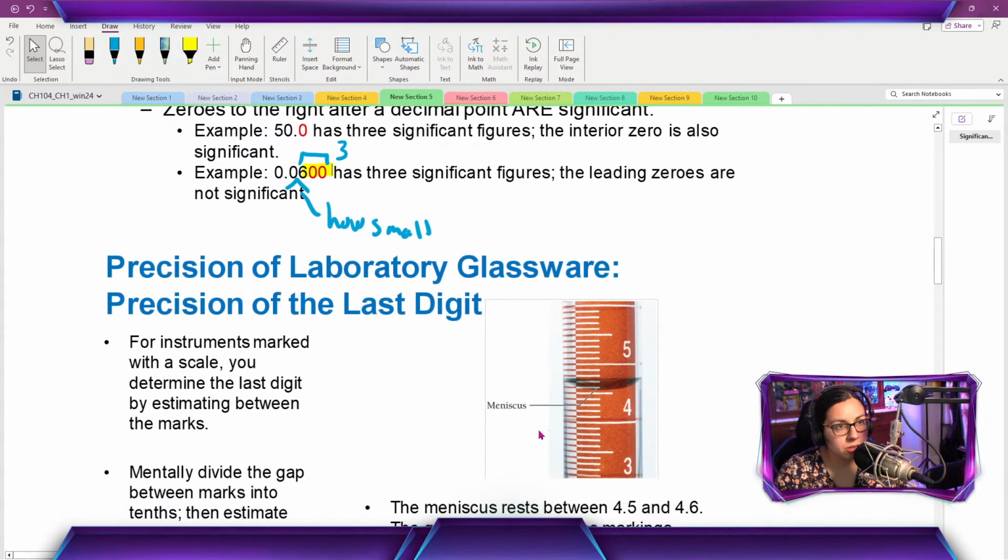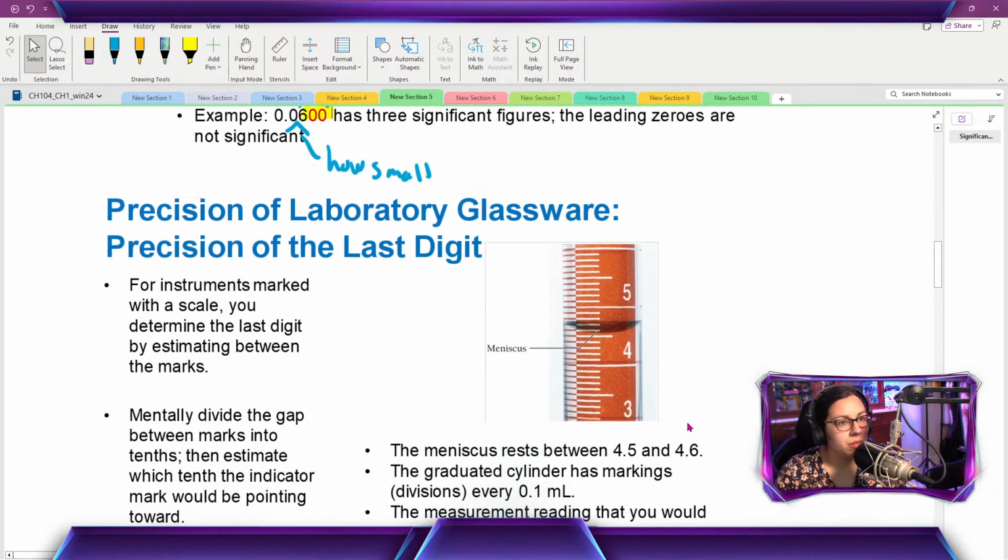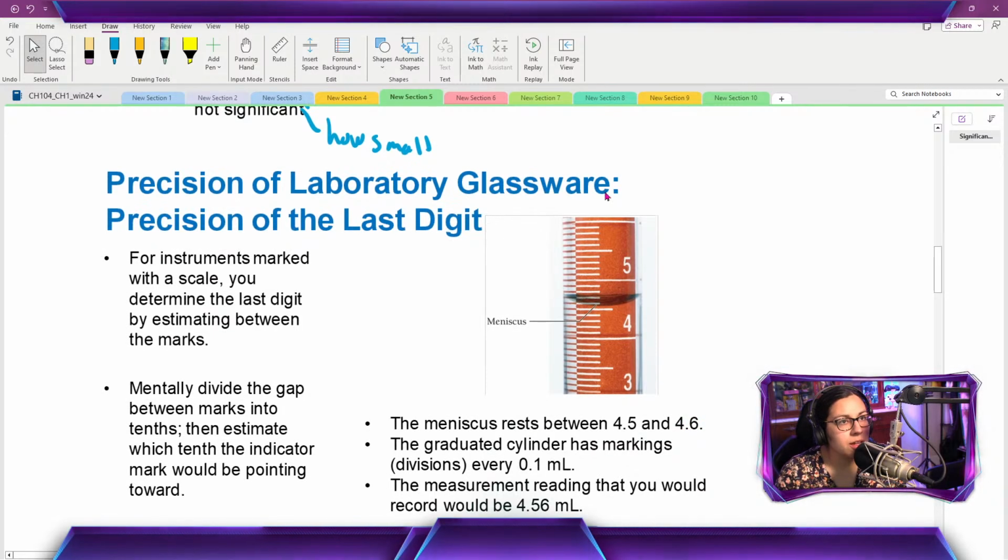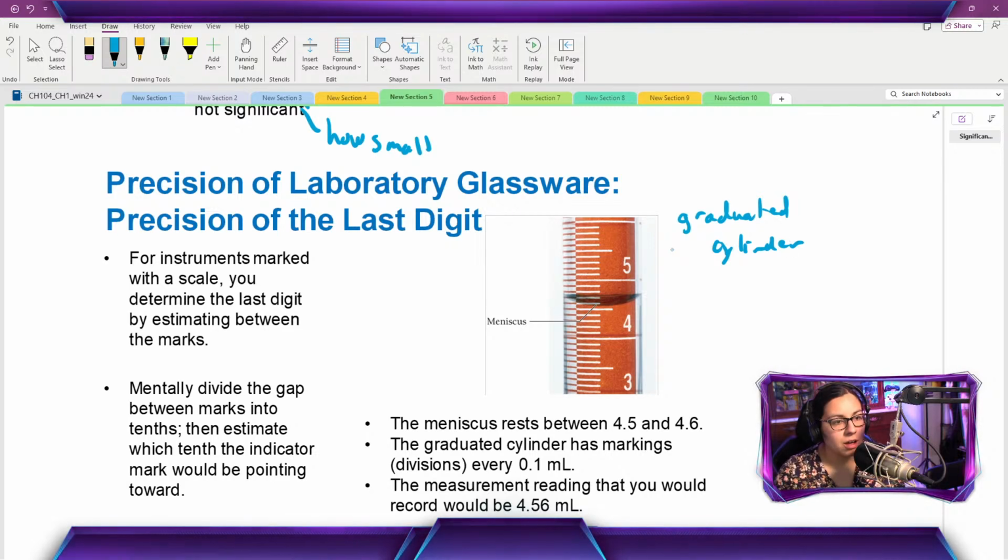And so again, this is related to your glassware. Looking at this one, this is a graduated cylinder. This would be a more accurate way to measure stuff. This is how you commonly measure liquids if you're going for somewhat accurate measurements.